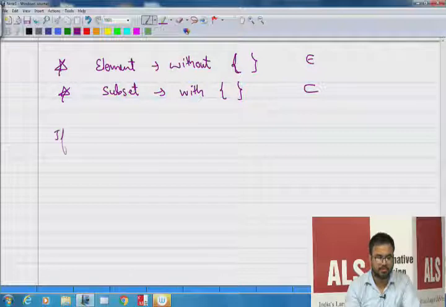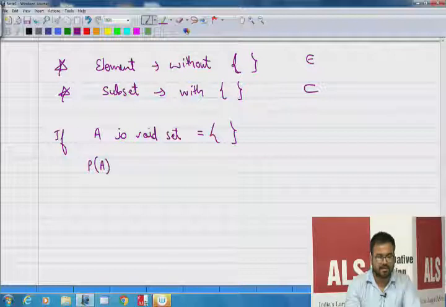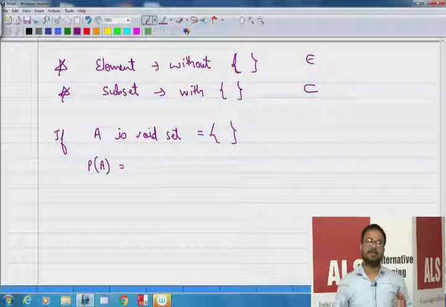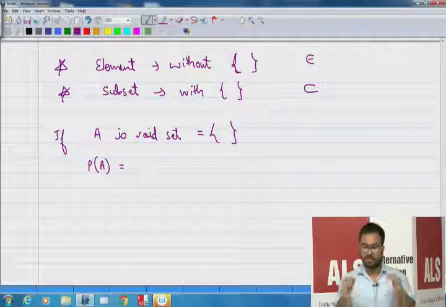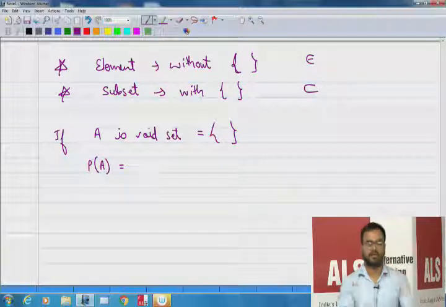So again take the example, A is a void set. You can take it like this, this is a void set, right? First, the power set of A basically means the collection of all subsets. I am explaining once again, Kohima and Shillong, just concentrate. A is the void set, so we can write it as only the curly braces with nothing.